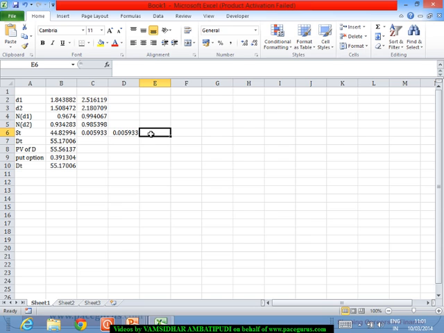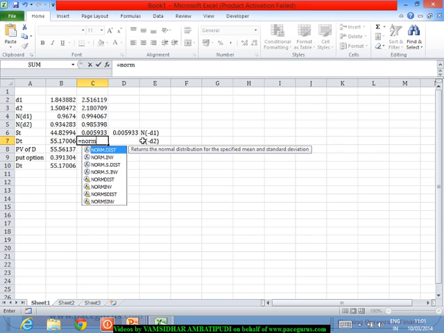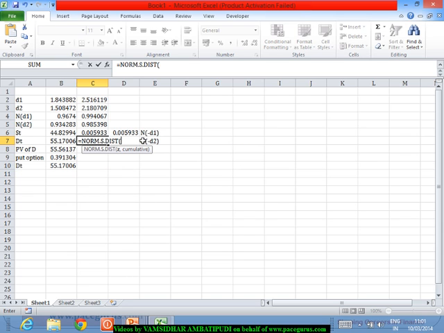So this I call N of minus d1. The same way I can find N of minus d2, which could be computed as 1 minus N of d2. By symmetry I will get that 1 minus N of d2.